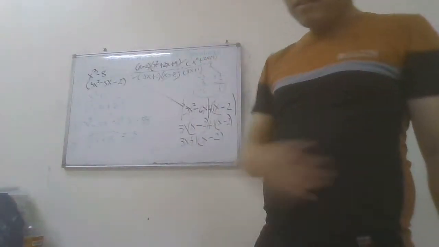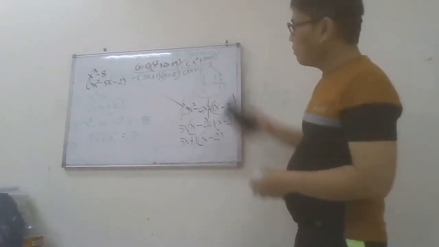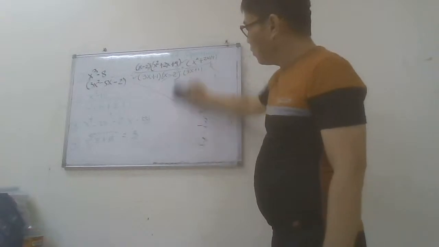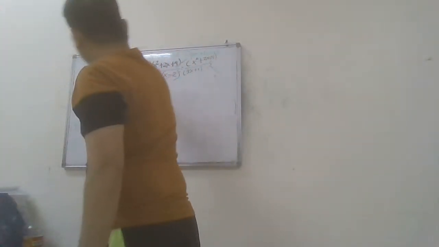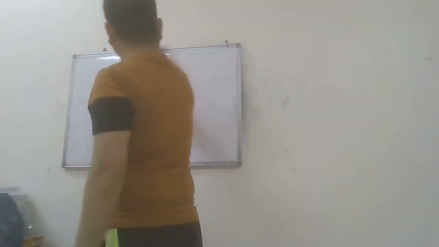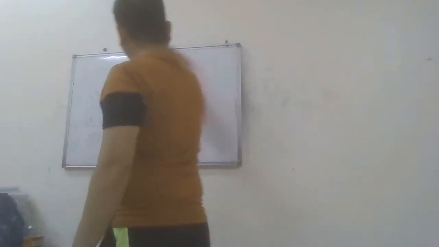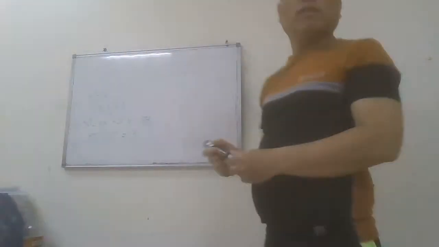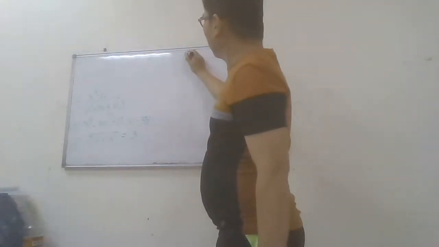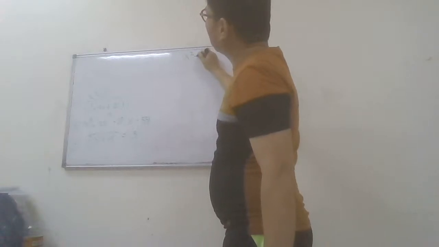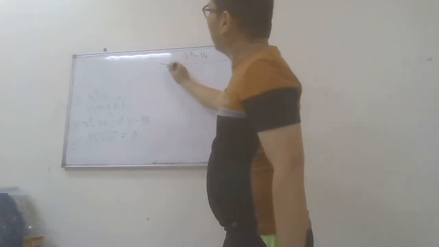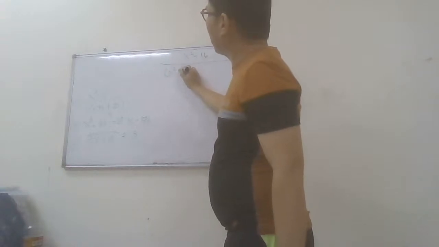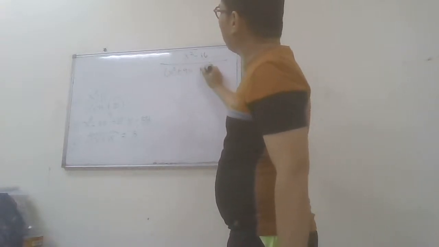Let's erase this. Okay, that was our number one. Now let's go to number two. Our number two is x squared minus 16 over x squared plus 9x plus 20.